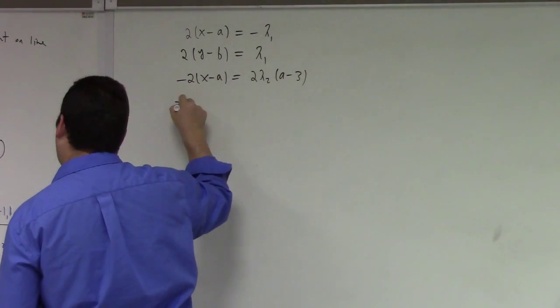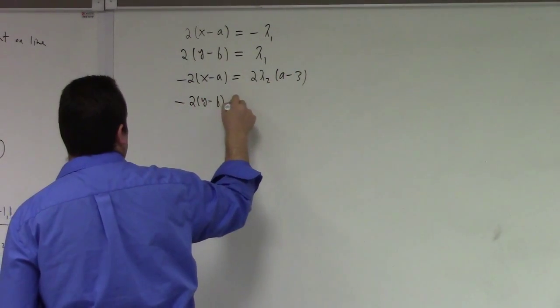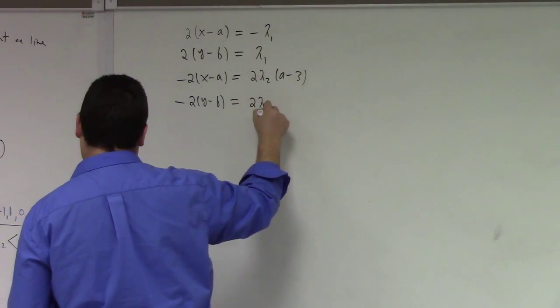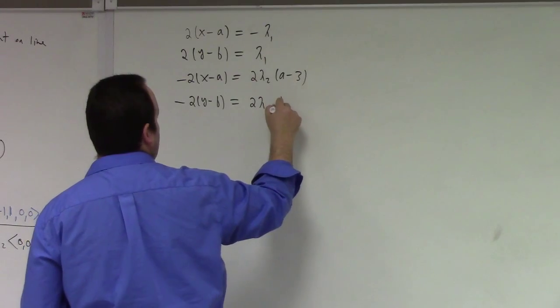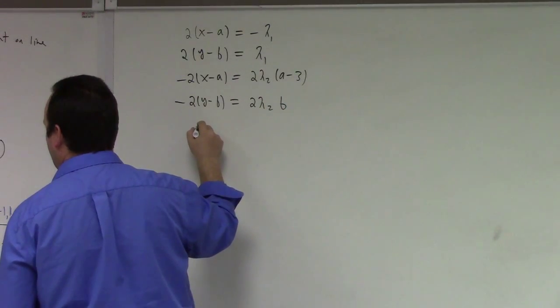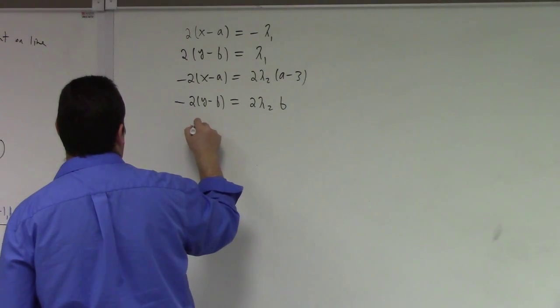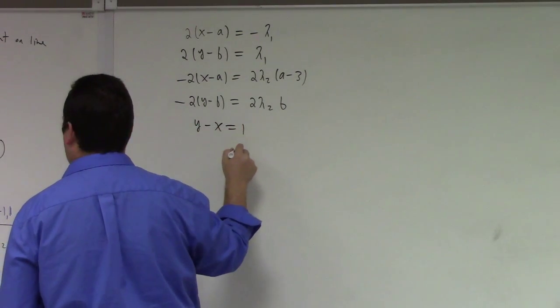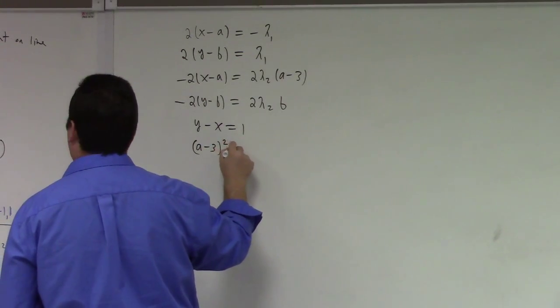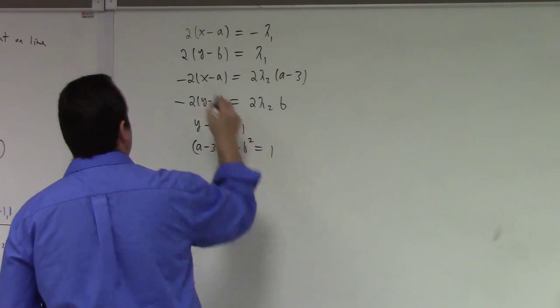You've got minus 2 times y minus b is equal to, starting to regret doing this problem, 2 lambda 2 times b. And of course, all of this is subject to what? Yeah, y minus x equals 1. And of course, our old friend, a minus 3 squared plus b squared equals 1.